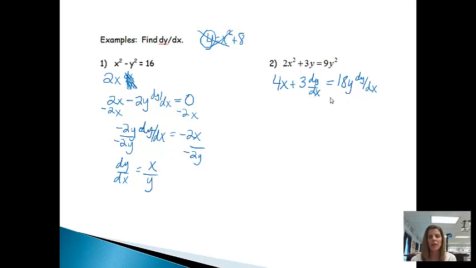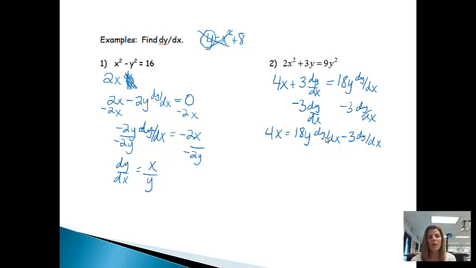Now you'll notice this time, if we want to find dy/dx, I would like to get my dy/dx terms on the same side. So I'm going to subtract 3 dy/dx from both sides. When I do that, I'm left with 4x equals 18y dy/dx minus 3 dy/dx.